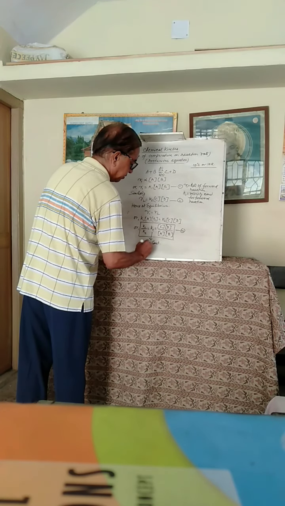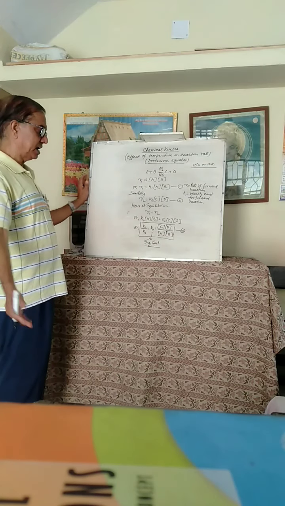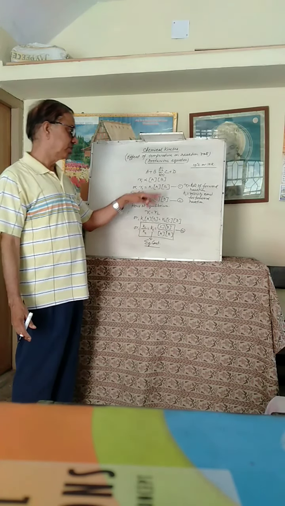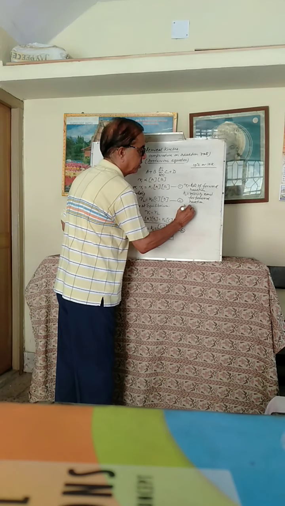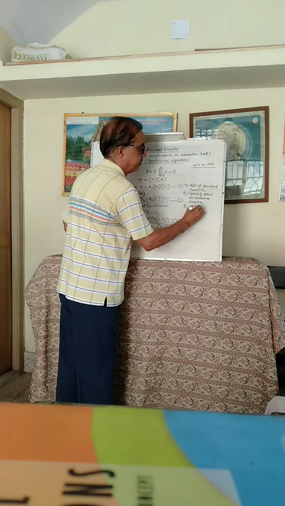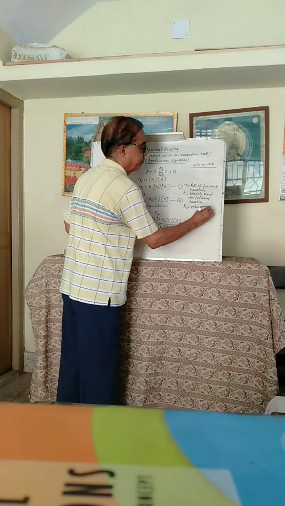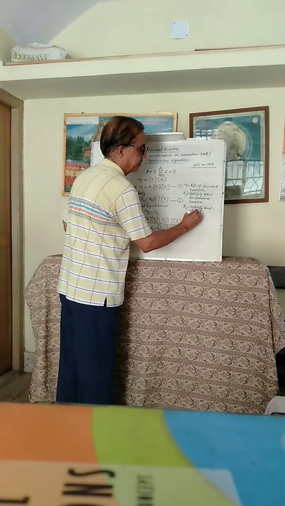How can you define equilibrium constant? It may be defined as the ratio of K1, the velocity constant for the forward reaction, and K2, the velocity constant for the backward reaction.